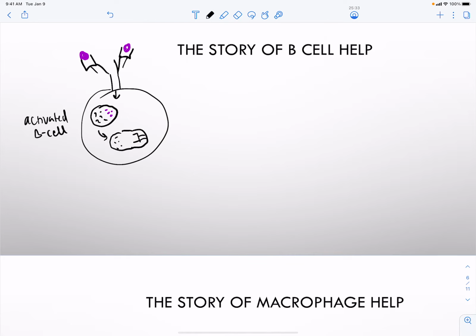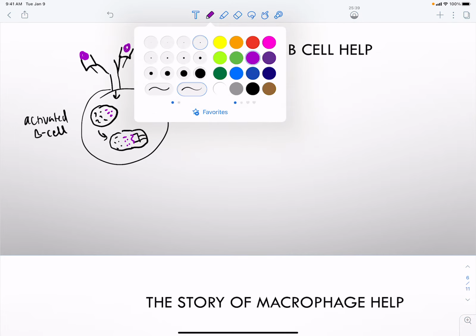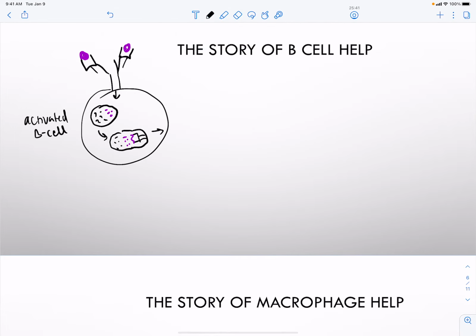Some will be self, some will be virus, and they get loaded on the MHC class II. MHC class II goes to the surface with this virus peptide. And yes, of course, some of it will go to the surface with the self peptide, but hopefully you eliminated all those self T cells, and the T cell specific for this antigen will get activated.